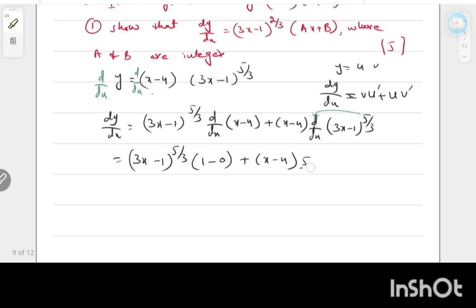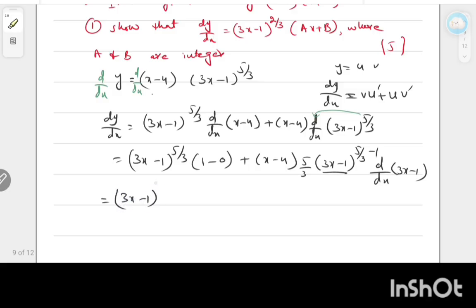It will be 5/3 (3x − 1)^(5/3 − 1). Now after subtracting the power, we have to take the derivative of the term without the power. The term without the power is 3x − 1, 3x − 1.